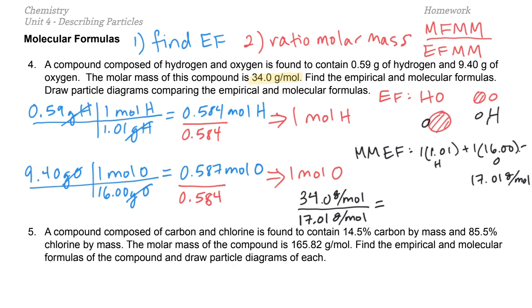And this will always equal a whole number because it's always a whole number multiple. In this case, our whole number is 2, which means that the molecular formula is twice whatever's in the empirical formula. So we will multiply that times our empirical formula, as in double all of the atoms in the empirical formula, which gets us a molecular formula of H2O2.